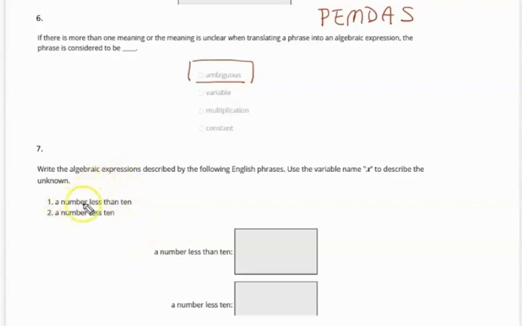Here is a number less than 10. So there is a number, and we're using the less than 10 symbol. Now here is a number less 10.